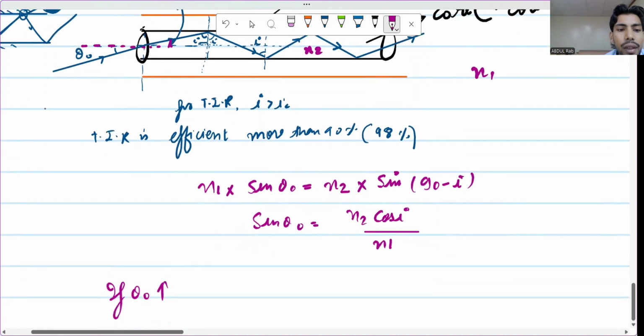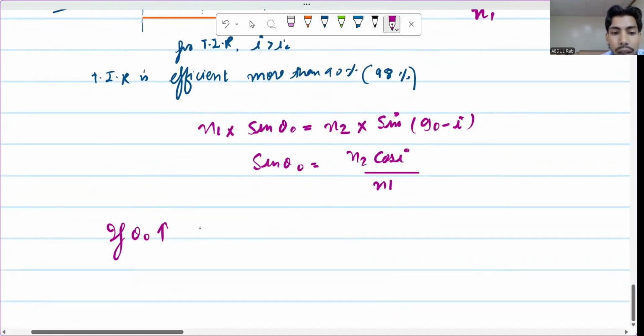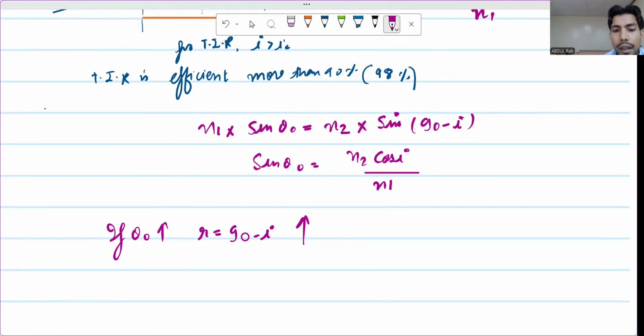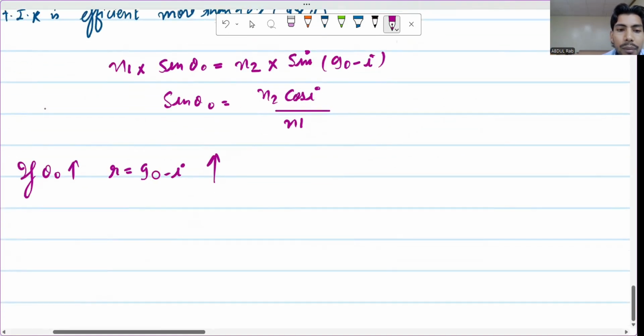So r is equal to 90 minus I. If theta naught is increasing, what will happen to this angle? If the angle of incidence is increased, according to Snell's law, what will happen to this angle of refraction? That also increases, right? And if 90 minus I is increasing, that will mean this I is decreasing. Got it?